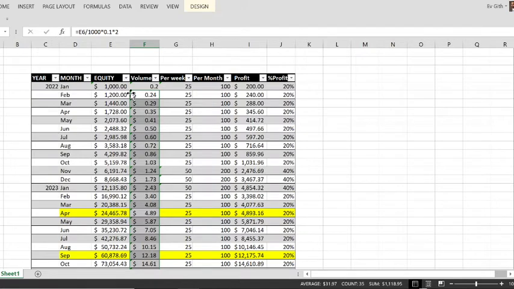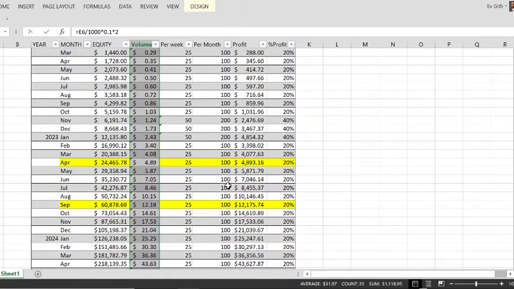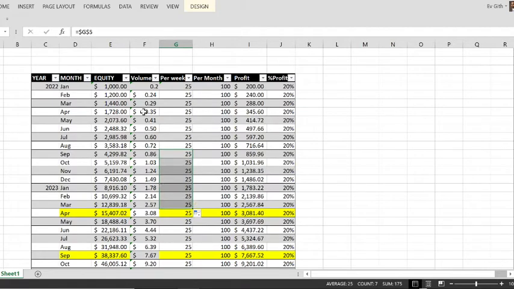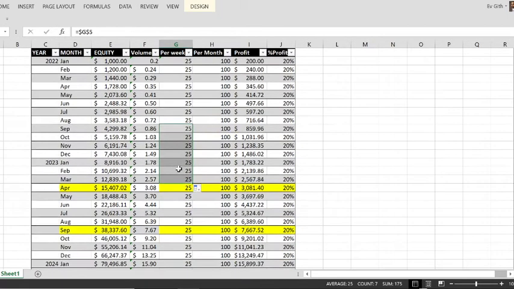If I risk only 6% of my equity and make 25 pips per week, then within only 1 year, 3 months, I will achieve $3,000.